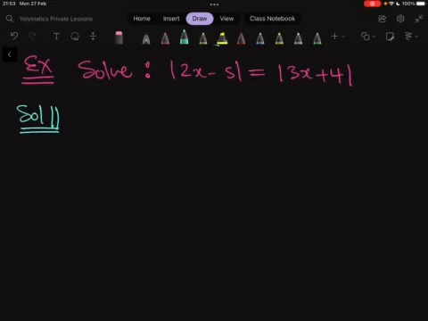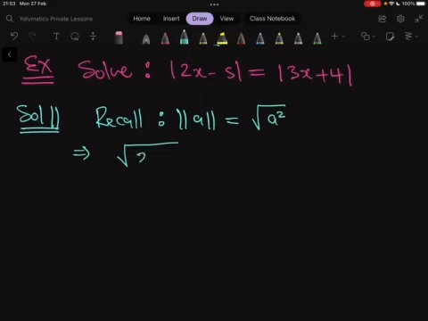So remember, from our definition, we've already stated that the absolute value of some number is the square root of the square of that number. So employing this definition on the left, we'll have that the square root of 2x minus 5 squared is equal to the square root of 3x plus 4 squared.